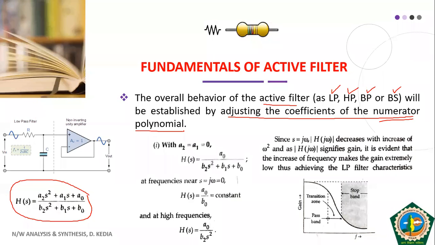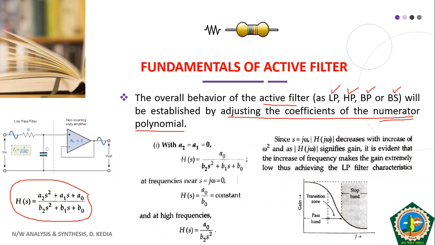Whereas the kind of filter, whether it will allow low frequencies to pass through, high frequencies to pass through, or a band of frequencies, or reject a certain band of frequencies, will be decided by the coefficients of the numerator polynomial. So here I'll tell you which coefficients are to be made zero while realizing a particular type of active filter.